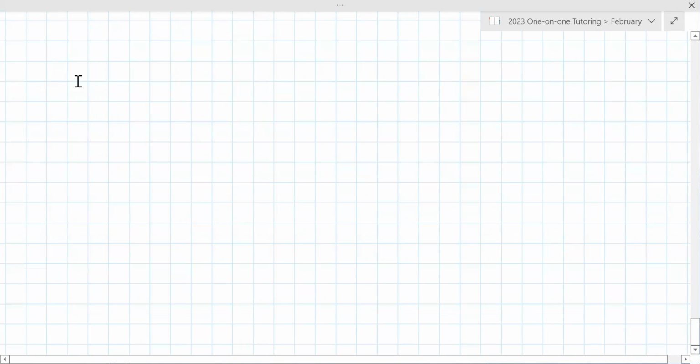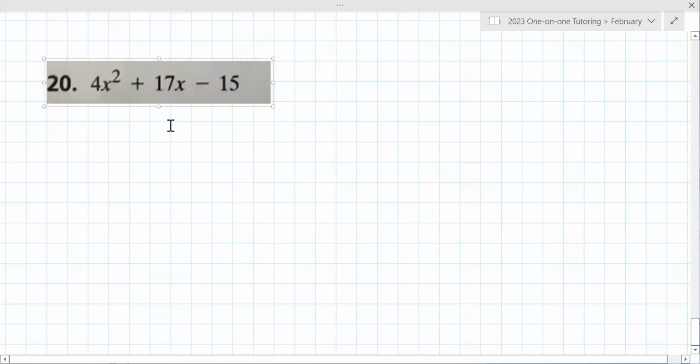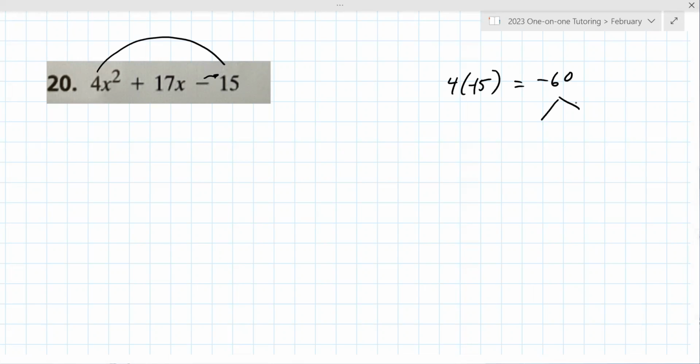And again, really got to get the first part right, the 4 times the -15. That sign always goes with it, so it's -60. So two numbers multiply to -60, but add up to 17. Give that a shot, see what you come up with.